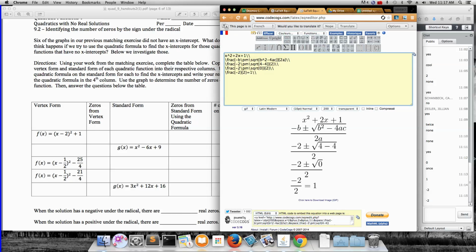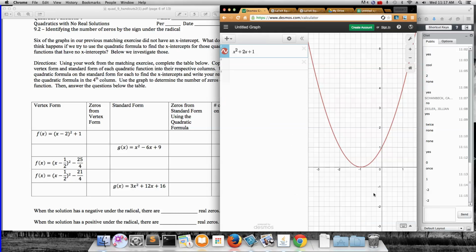And so notice that it no longer has 2 separate answers. It only gives you one answer. In this particular case, negative 2 divided by positive 2 is negative 1, which makes sense because Desmos told us that this thing crosses at negative 1. And it only gave us one answer. Why? Because the discriminant was 0, as we calculated.